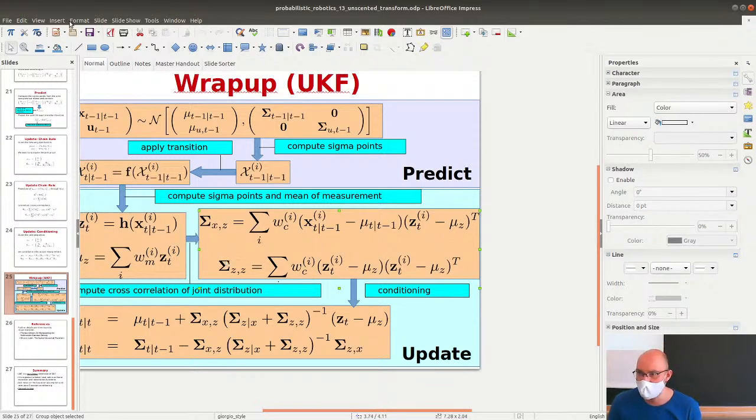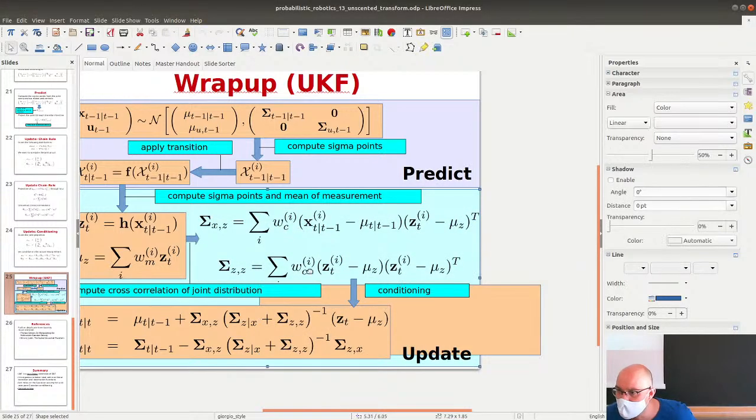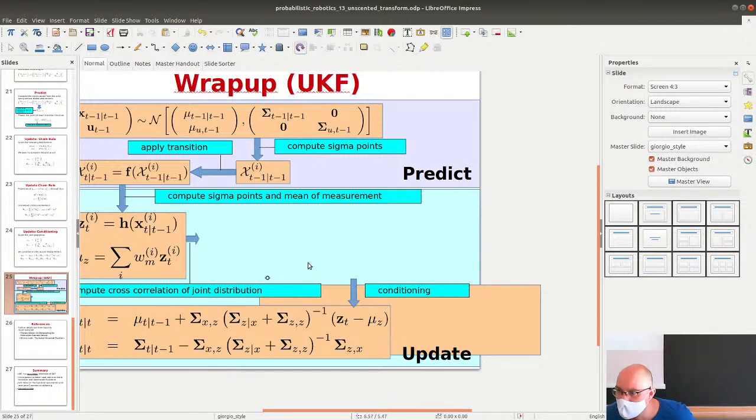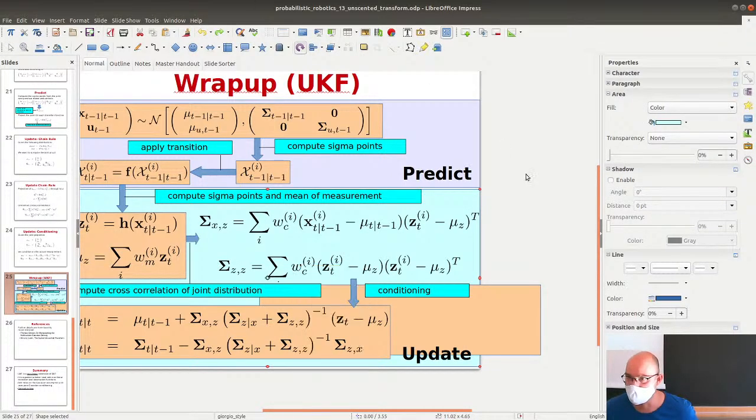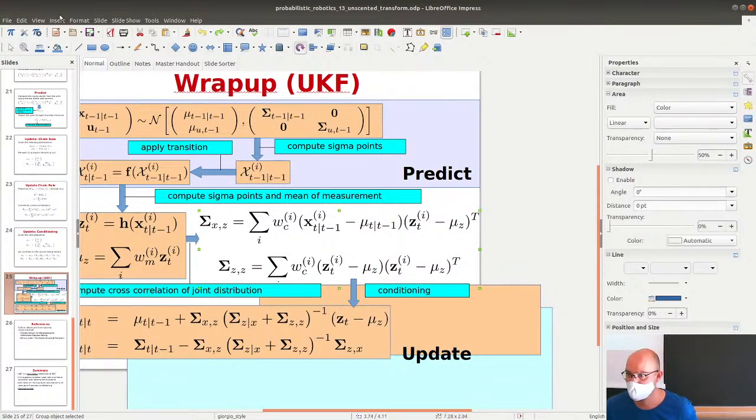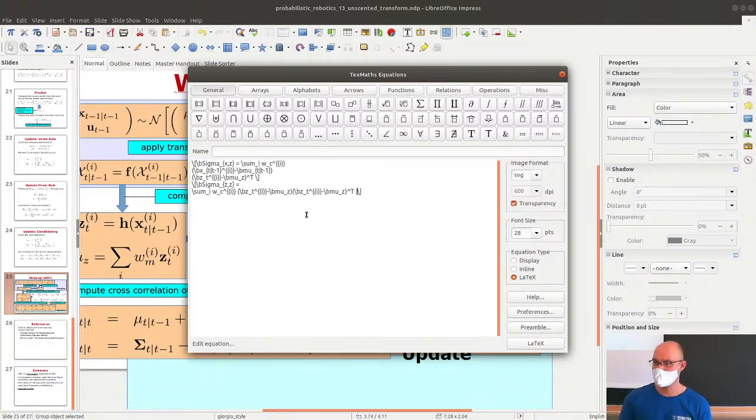No. Now you understand why it's a pain to have the slides. Z given x and plus. Okay.